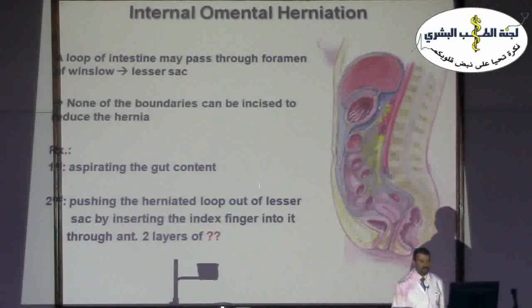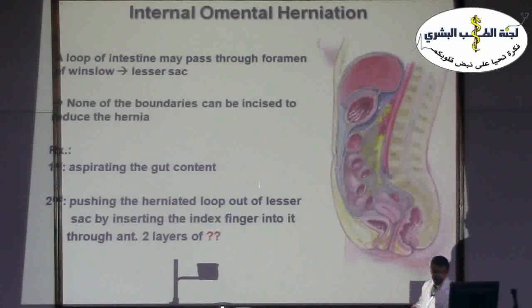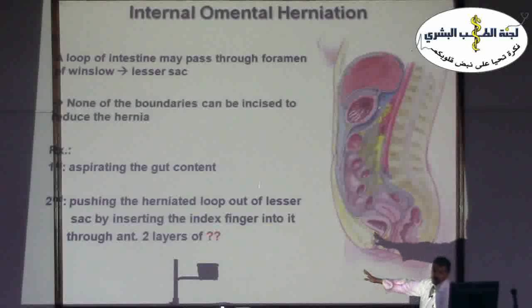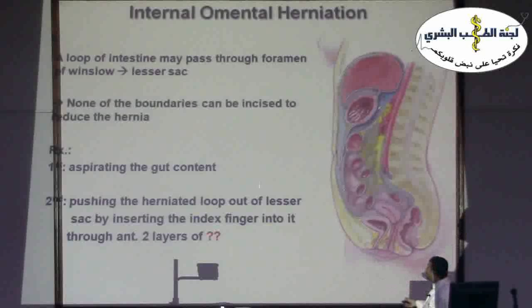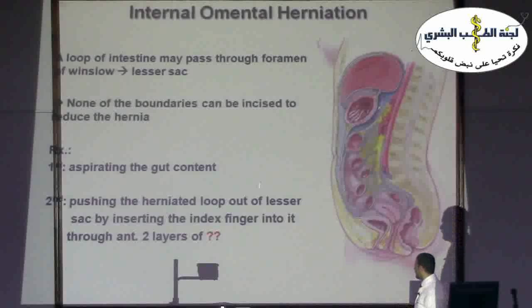So you aspirate the gut first, so it will be collapsed. Sometimes once it's collapsed, it will be reduced by itself. If it's still there, you just need to make a small incision in the gastrocolic part of the greater omentum, and push it with your index finger.